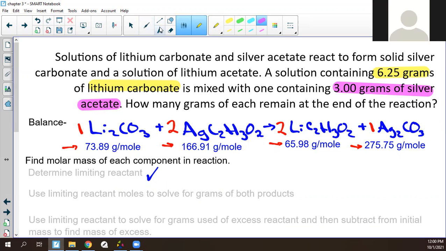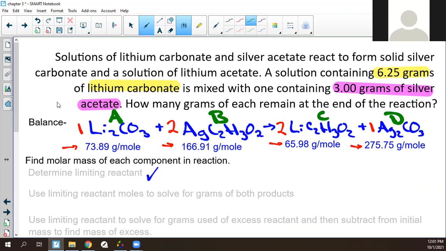Now, my good friends, I don't want to write all this. So I am going to use my shortcut. I'm going to say that this stuff is A, B, C, and D. Because I don't want to write Li2CO3 and AgC2H3O2 and LiC2H3O2 and Ag2CO3 over and over and over.